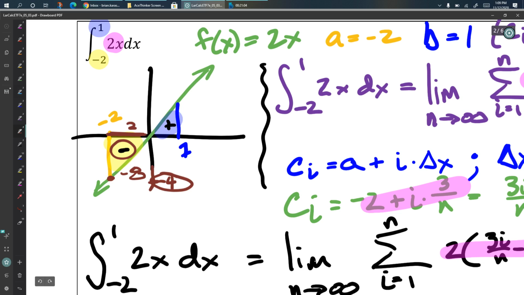The other triangle on the right has a base of 1 and a height of 2. Wait a second.